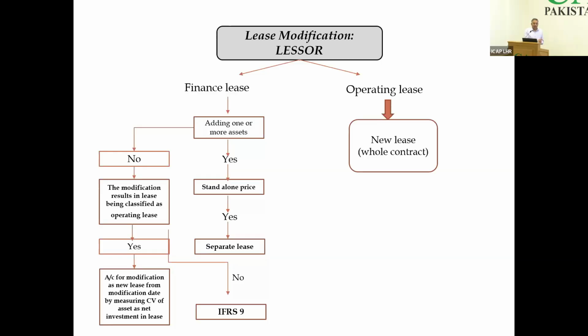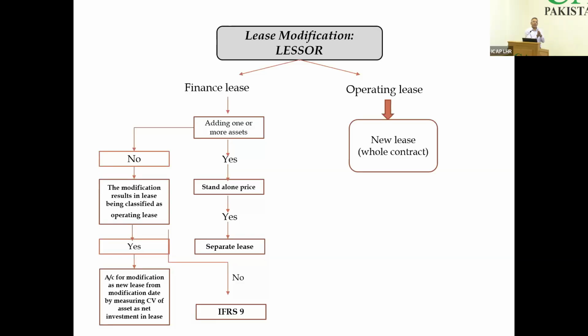If the answer is yes, what should be the accounting treatment? Account for the modification as a new lease from the modification date, measuring the carrying value of the asset as the net investment in the lease. Simply, what will be your accounting entry? Credit lease receivable, and whatever the carrying value of the lease receivable is, recognize at that value the right of use, or in this case, the owned asset.